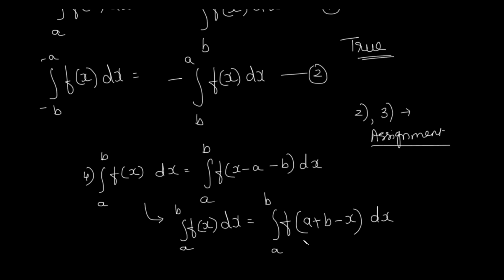This is what the property actually is. That means this statement is wrong, so the statement which they have given us is false. Over here the answer comes out as false. Keep that in mind.